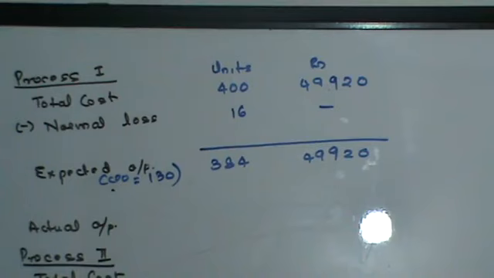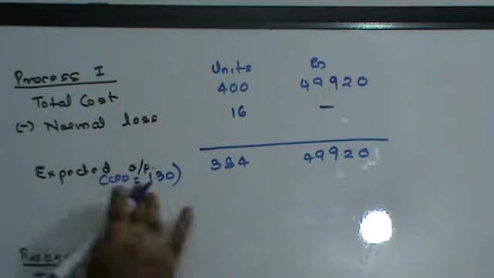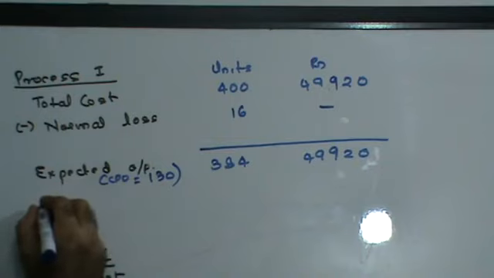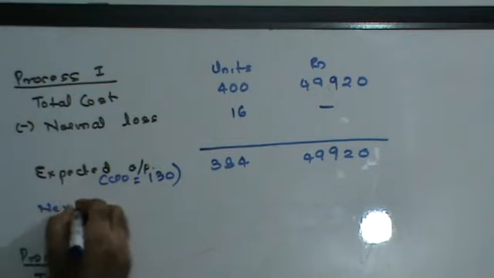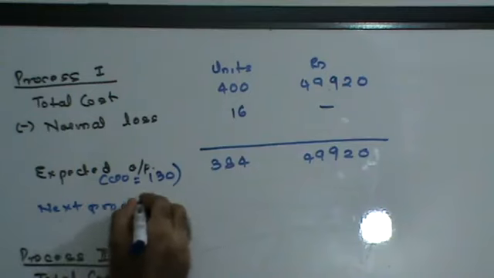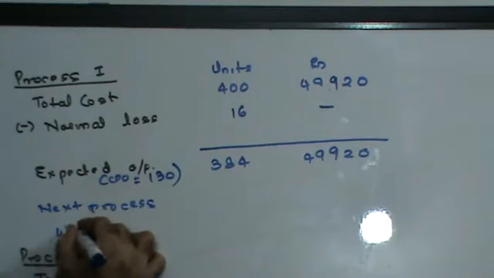Now they've said that output is transferred to the next process and output transferred to warehouse. So here instead of abnormal loss and actual output, you will have next process and warehouse.